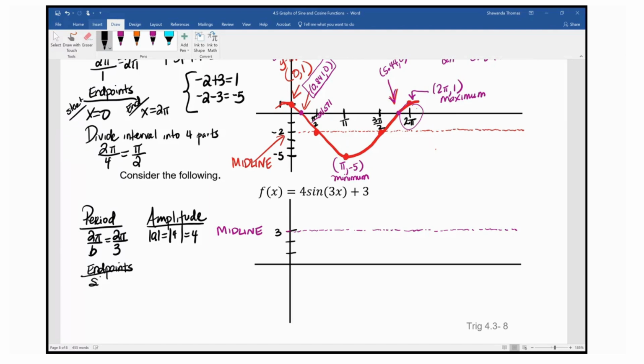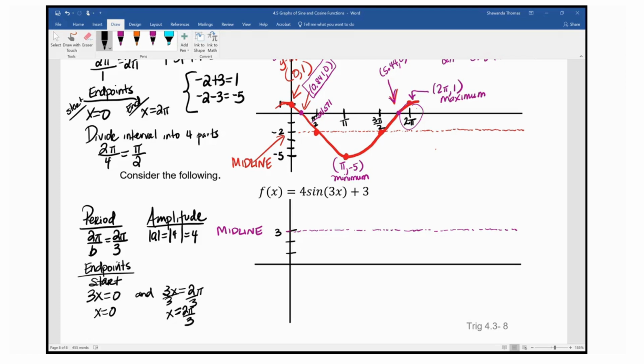Endpoints. Start. What are we setting to 0 for the left endpoint? 3x. Yep. So 3x equals 0 and 3x equals 2 pi. So x equals 0, divide by 3, x equals 2 pi over 3.